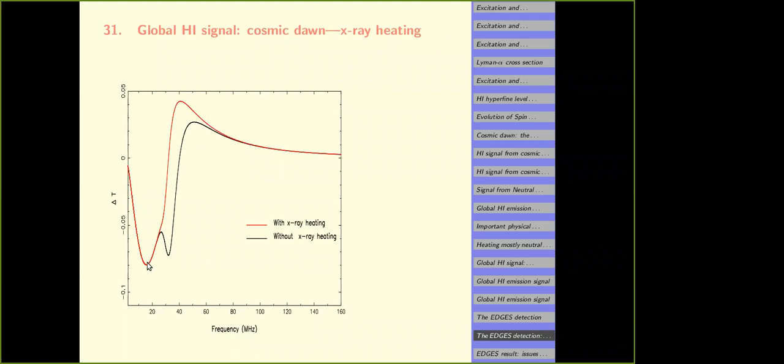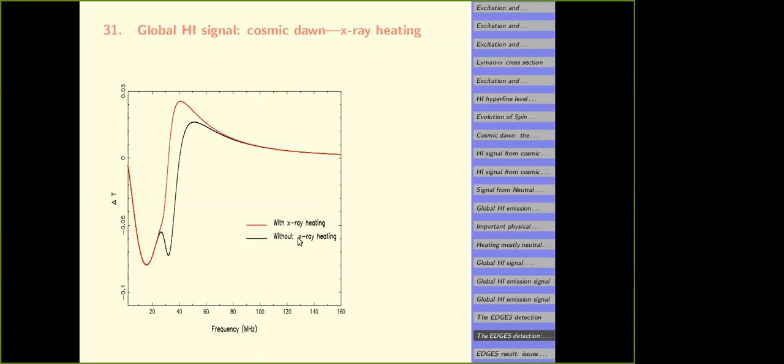The trough that you are seeing in negative, around 20 megahertz, comes from the pre-dawn era, you know already, right? I am switching on these three radiation fields: X-ray heating, Lyman-alpha mixing, and UV ionization, roughly around this redshift. This is based on models which I worked on long ago, when the epoch of reionization was slightly higher. Now it is pushed to higher frequencies, but the process is exactly the same.